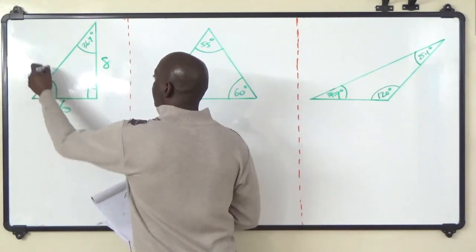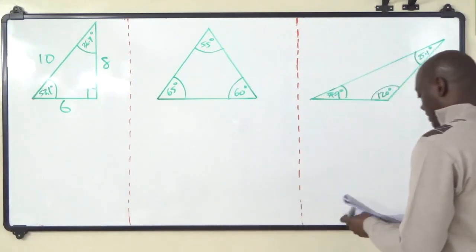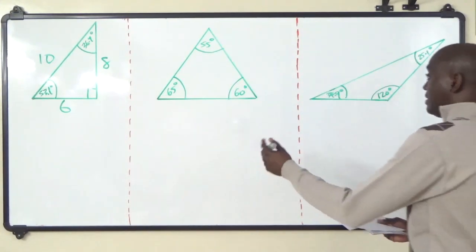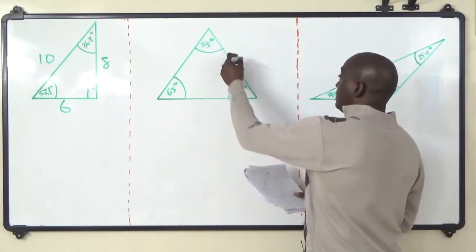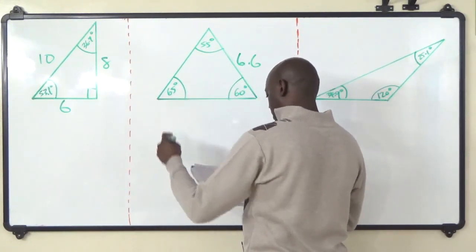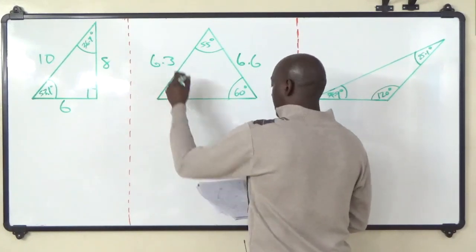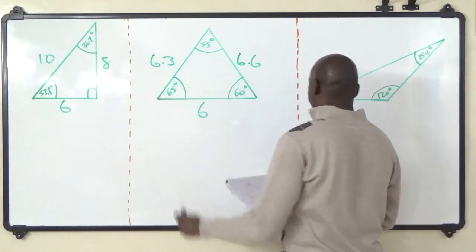This here is 6 and this here is 10. That's a multiple of the 3, 4, 5 triangle that we discussed earlier. In this acute triangle, this side here is 6.6, this side here is 6.3, and this side here is 6.